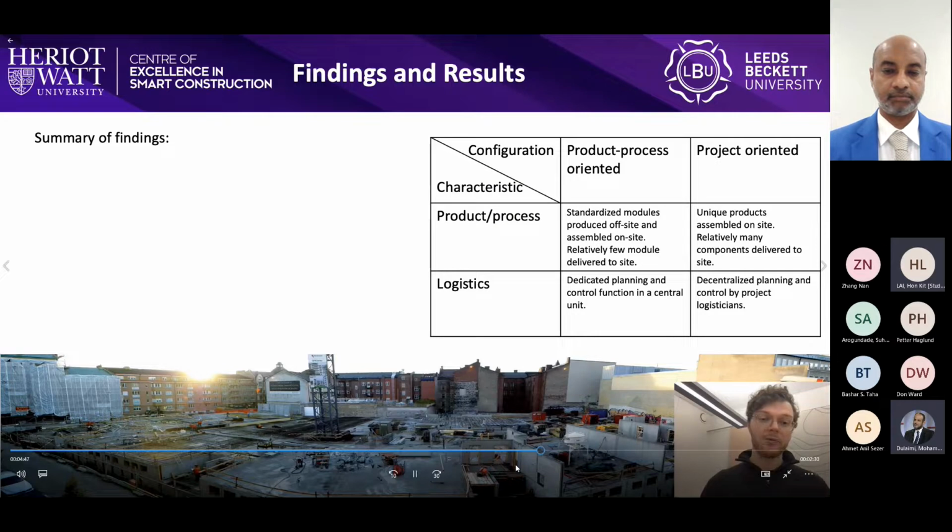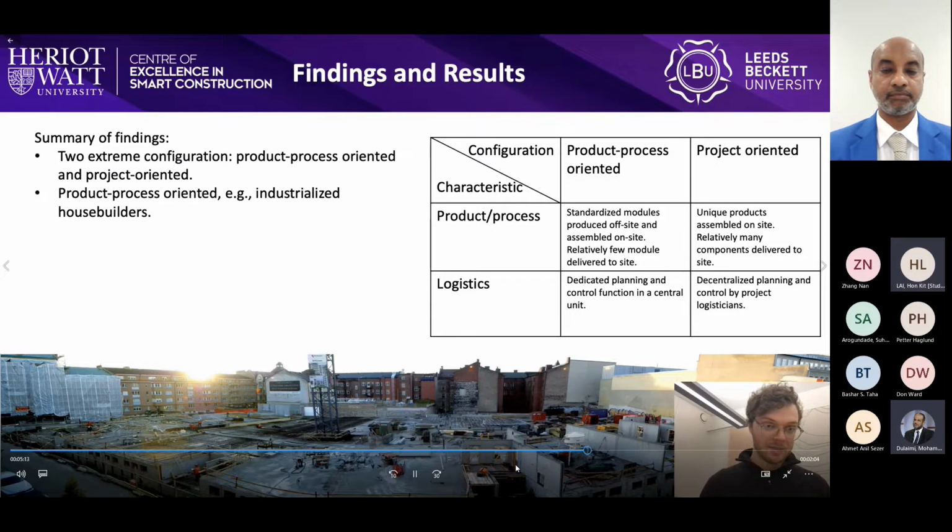So they have relatively few, larger deliveries to the site, which makes planning and control easier. So their logistics organization can be centralized, where a dedicated team can manage module production from inbound material supply to the factory to delivery and assembly on the construction site.